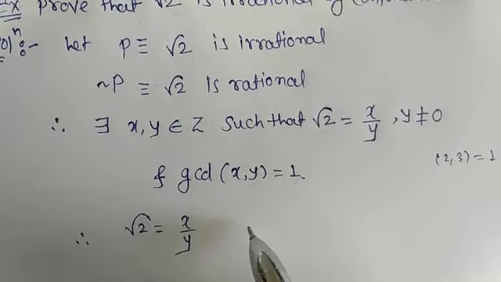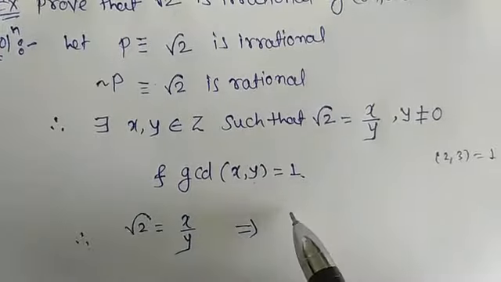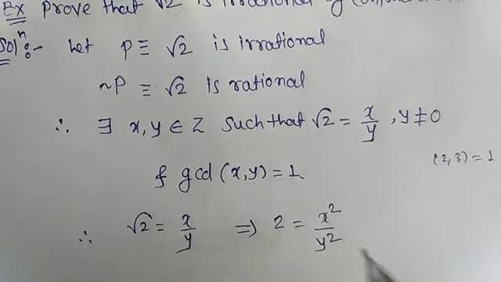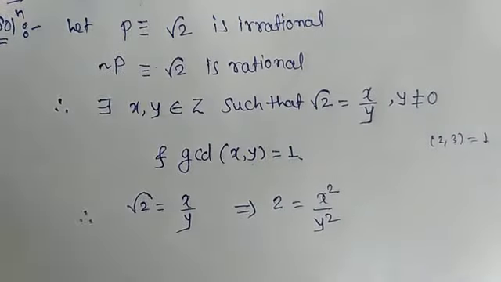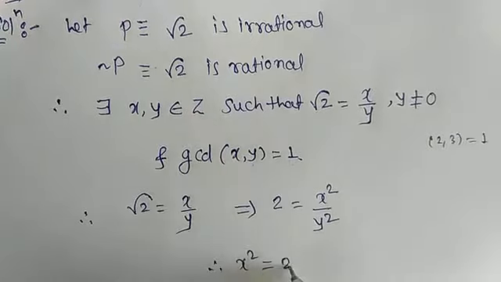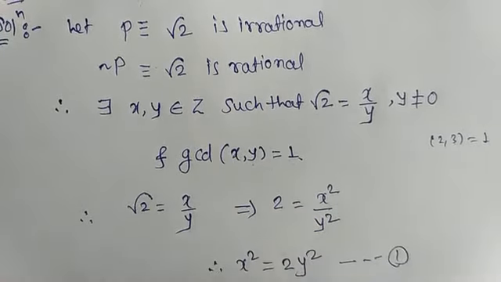Taking the square on both sides, it will give 2 is equal to x square upon y square. Therefore x square is equal to twice y square. Write it as equation number 1.